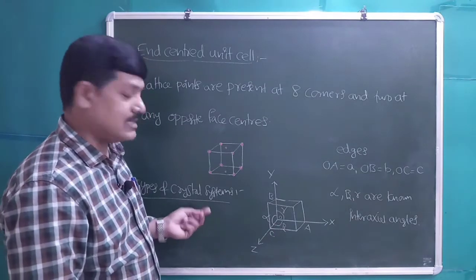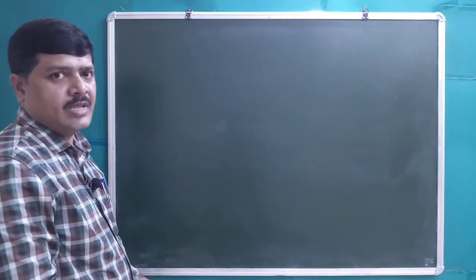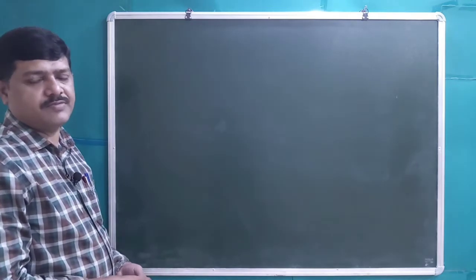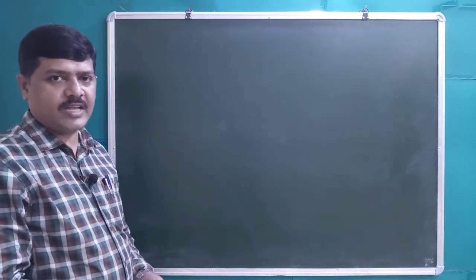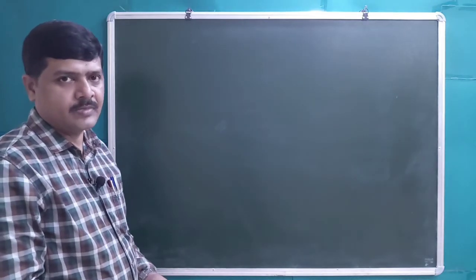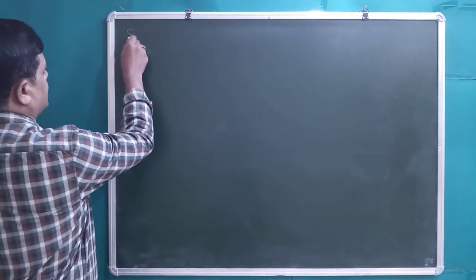Now let us discuss the 7 crystal systems. Students, generally any crystal in the universe comes under 7 crystal systems and 14 Bravais lattices. Now let us discuss those 7 crystal systems.